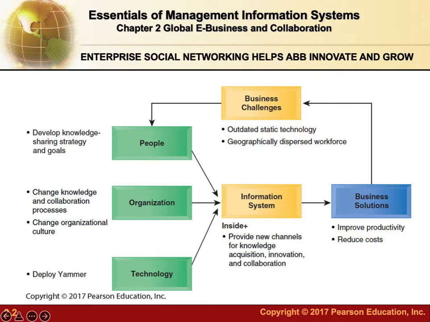A bit of recap on what we did last chapter on ERP. Here we have an overview of IS system, in this case ABB, a company called Asia Brown Boveri, where they integrate the different department, for example, people, organization, and technology, to be processed and to have a solution for their business.